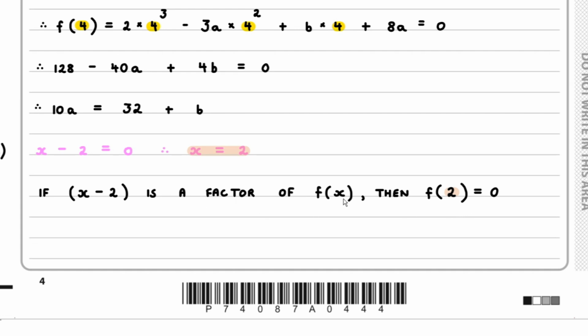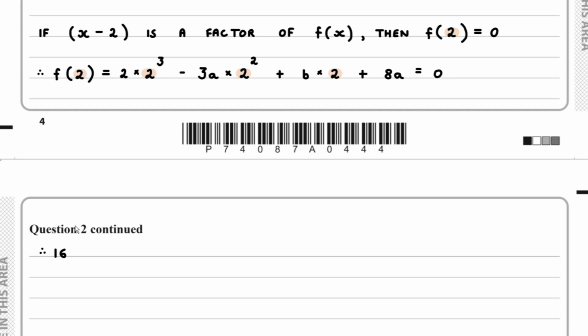Substituting 2 into f of x, we find f of 2 is equal to 2 multiplied by 2 cubed subtract 3a multiplied by 2 squared plus b multiplied by 2 plus 8a, and this will all equal 0.